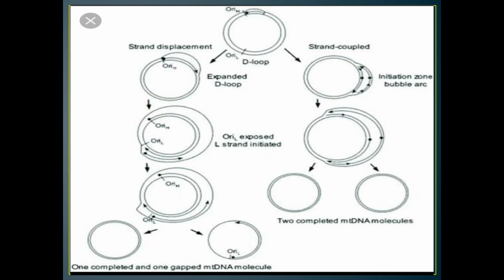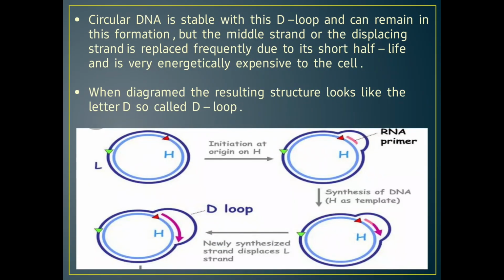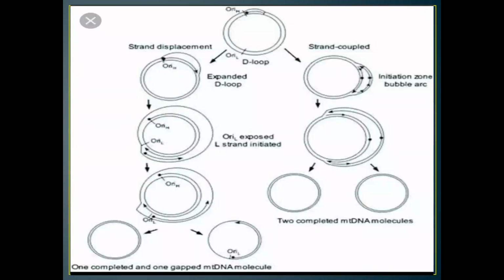As we said before, it's the same: the initiation occurs in the H strand, then it moves, then a primer forms, and the primer works in the middle portion. When H becomes the template strand, the primer portion starts to elongate and works as the newly synthesized form for the light strand.